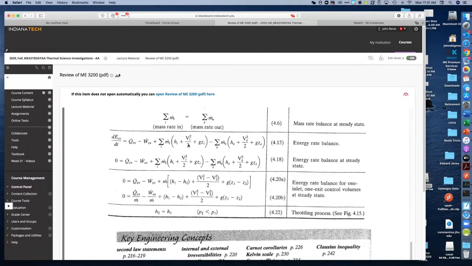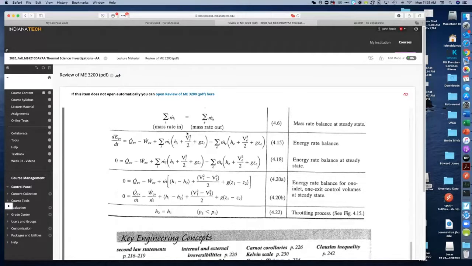Each of these terms are on a specific basis. They are in kilojoules per kilogram. One has to be careful when one has the velocity squared over 2. Velocity squared over 2 is just meters squared per second squared. That's not the same unit as kilojoules per kilogram unless you convert it and add the factor of 1,000.